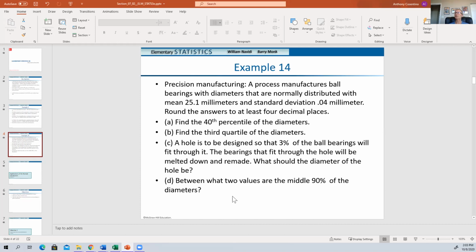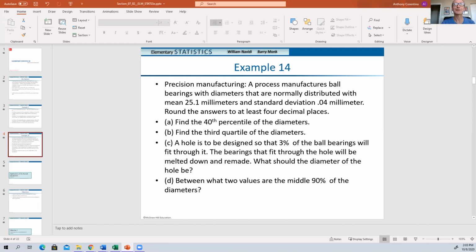So this one says we have a mean of this manufacturing process where you have ball bearings. And so the mean of the ball bearing is 25.1 millimeters, and a standard deviation that's real small, which is a good thing. You don't want this huge standard deviation because you would get a lot of ball bearings that aren't by the mean, and that would not be a good thing.